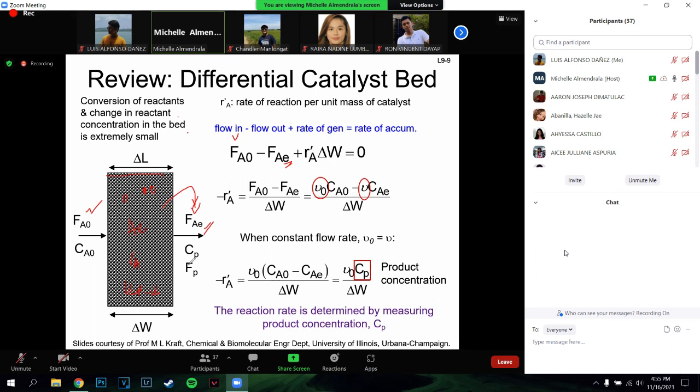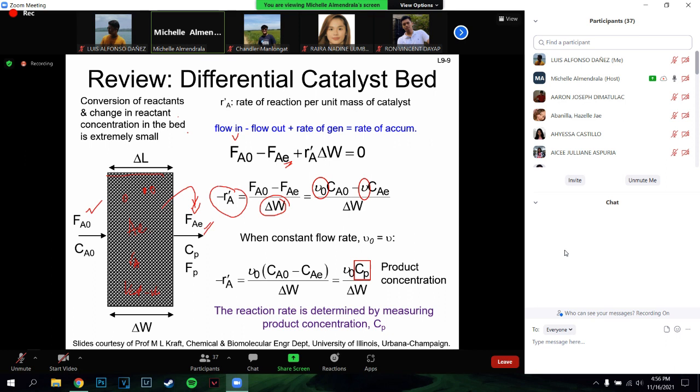You have to calculate the actual volume of the catalyst present in the packed bed reactor by deducting the pore space, depending on the porosity. You will see that later. And this is actually the total weight of the catalyst per volume of the reactor. So that will be your expression for the rate law for a packed bed reactor.